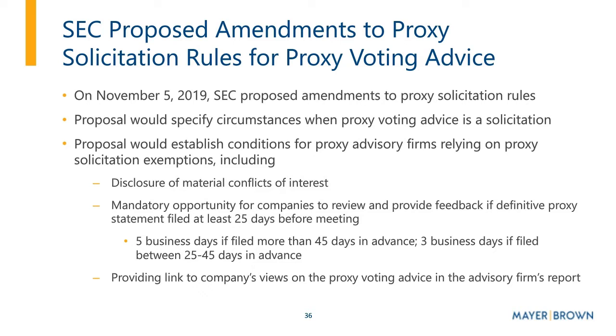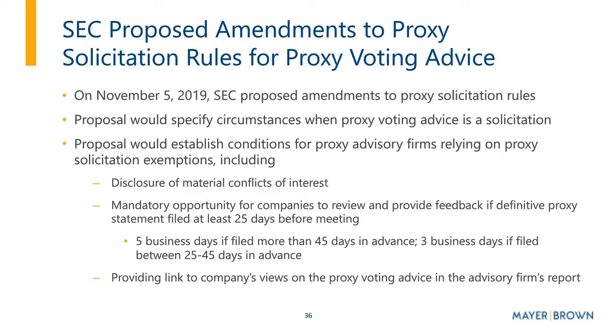The time period for review would be 5 business days if the filing of proxy materials occurred at least 45 days before the meeting. Otherwise, it would be 3 business days, and there'd be no opportunity for review required for companies that file less than 25 days before their meetings.